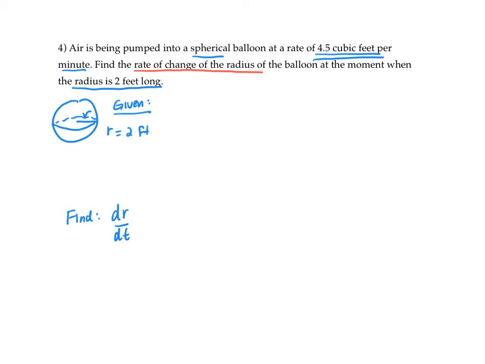So cubic feet per minute, that's a change in volume. So we can say the rate of change of the volume with respect to time, or dV/dt, is equal to 4.5 cubic feet per minute. Okay, so that's all of our given information.